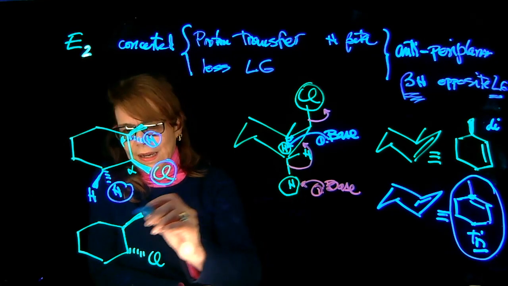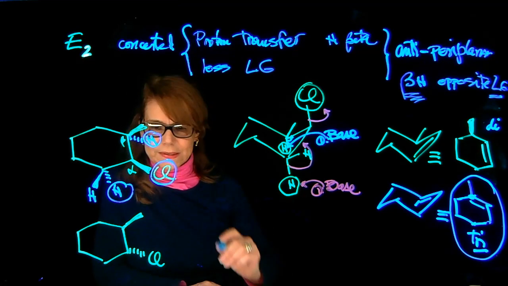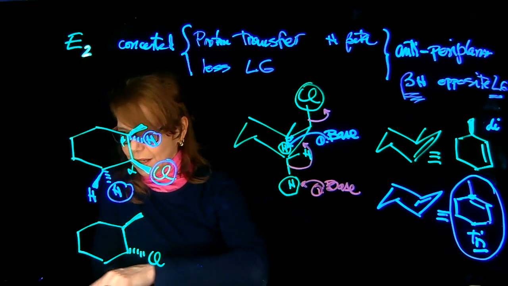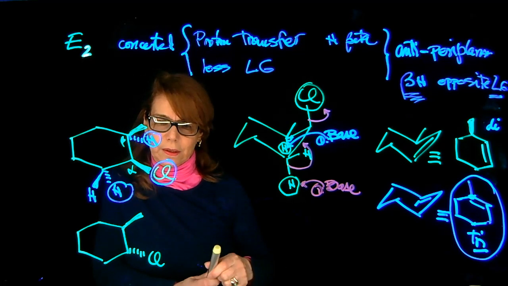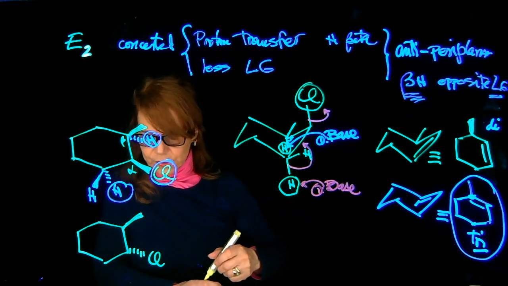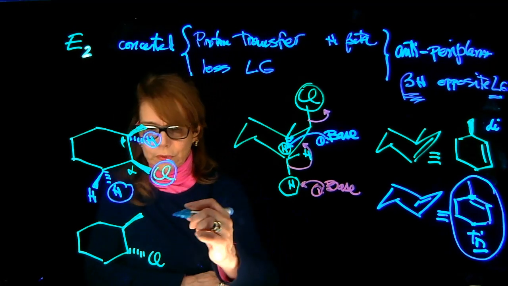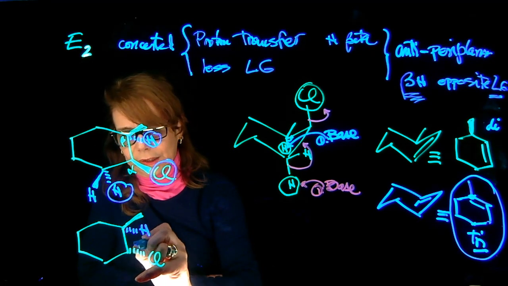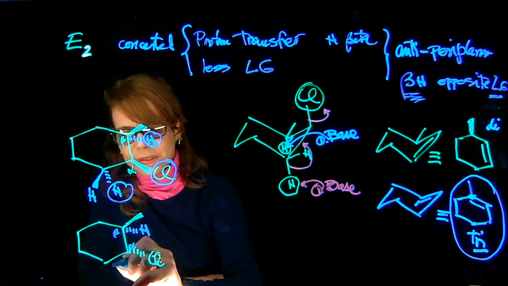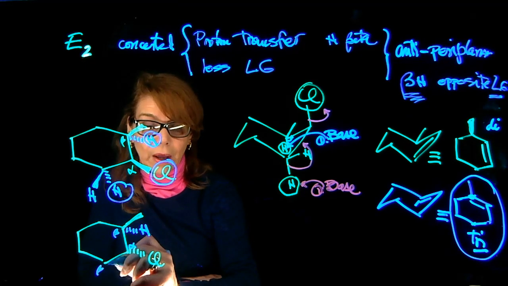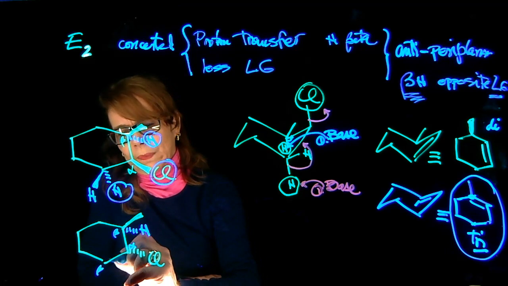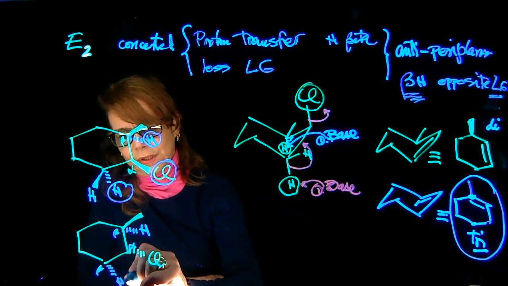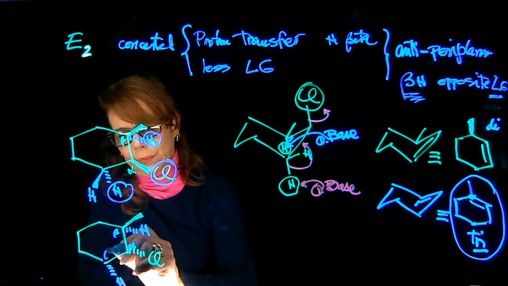Now, let's see what happens if we change the substrate, which is what we have in the drawing below. To do it faster, we can locate the beta hydrogens again: that's alpha, beta position, beta. Here you have two.